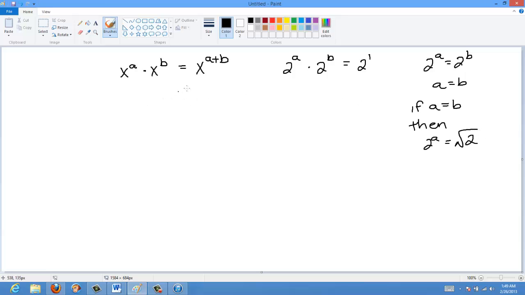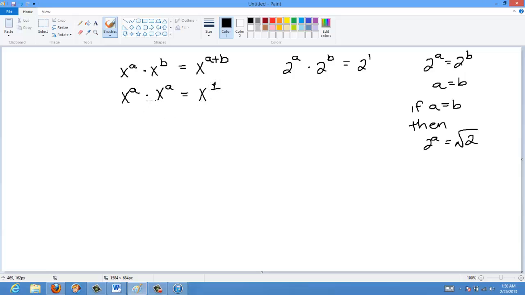Okay, and so then what we find is that we would get x to the a times x to the a again, because x to the a and x to the b are the same thing, would be equal to x to the 1.